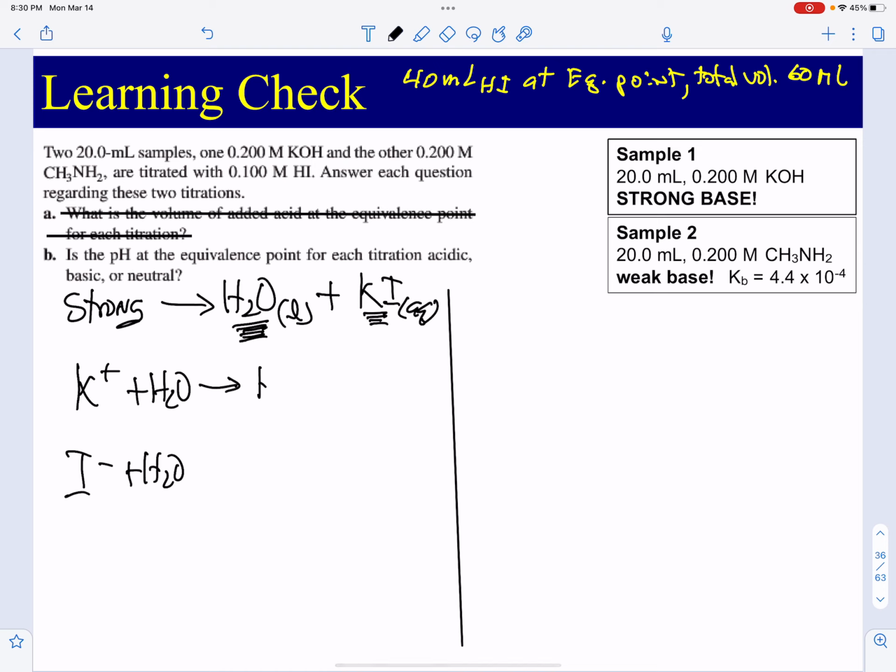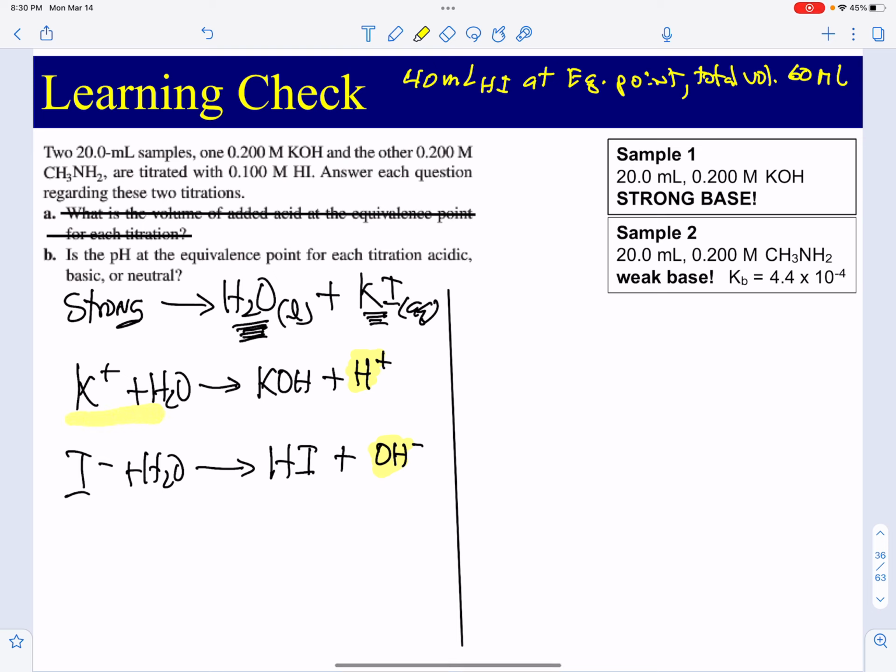This is going to give me KOH plus H plus, and this is going to give me HI plus OH negative. So it can be acidic, and it can also be basic. However, before you make any decisions, let's see if this really happens.